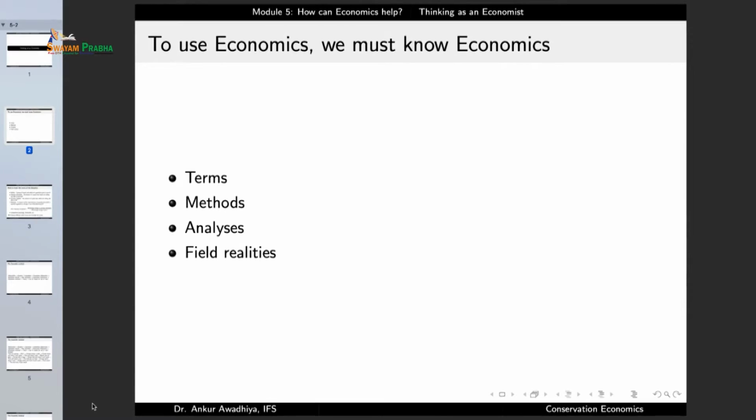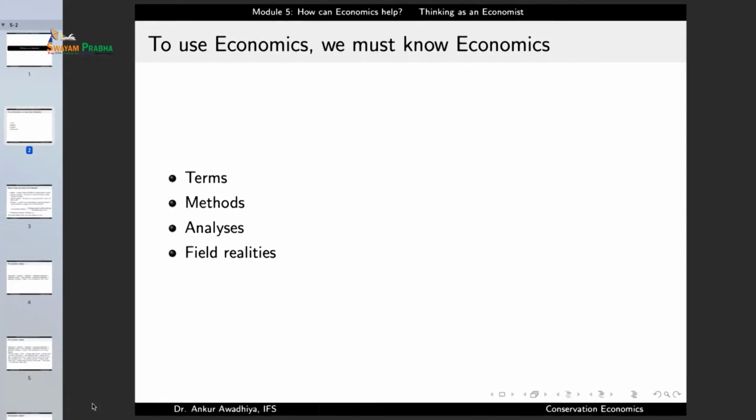In particular, to use economics, we must know economics. In this lecture, we will look at certain terms of economists, or let us say the lingo of this field. We'll also have a look at the methods that are employed. Different disciplines might be using different methods.